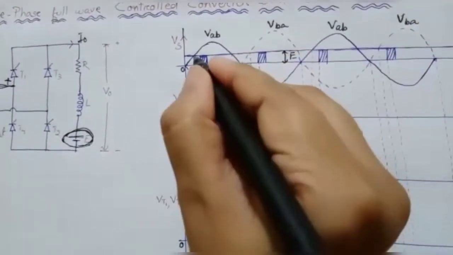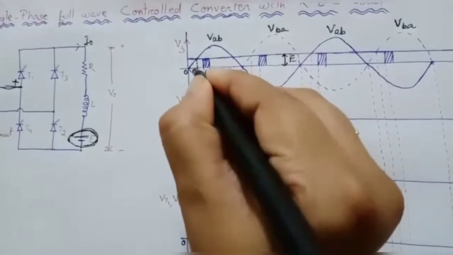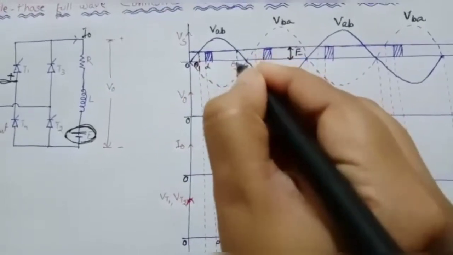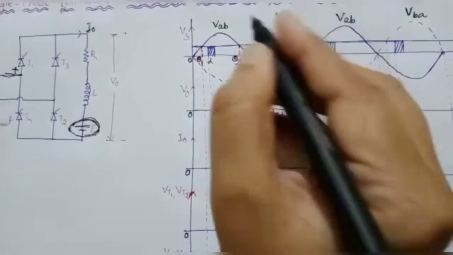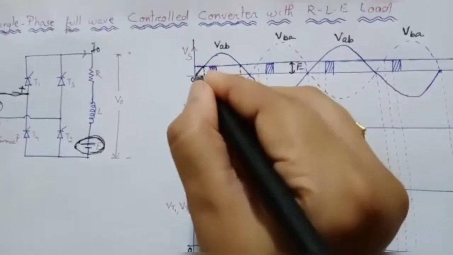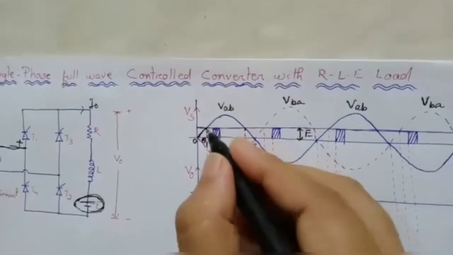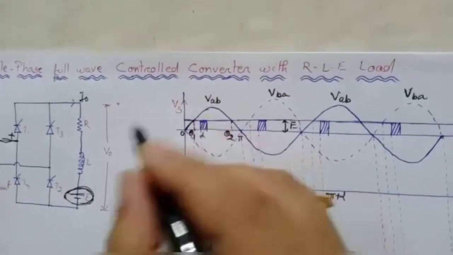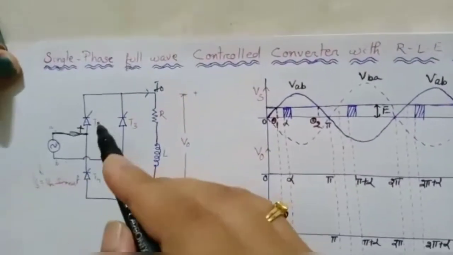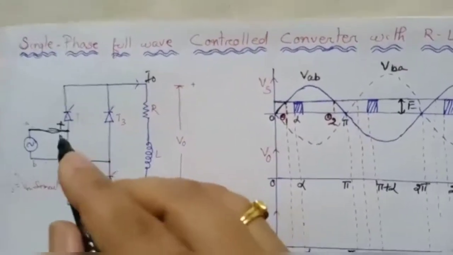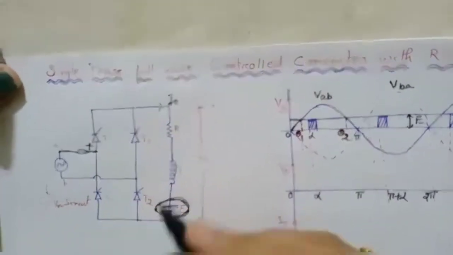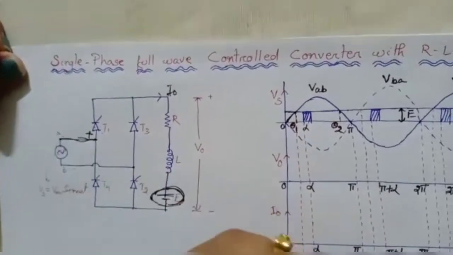Here you can see this is the angle theta 1, and this is theta 2. Up to theta 1, Vs is less than E. If Vs is less than E, the thyristor must be in reverse bias condition, because E is greater than Vs there.